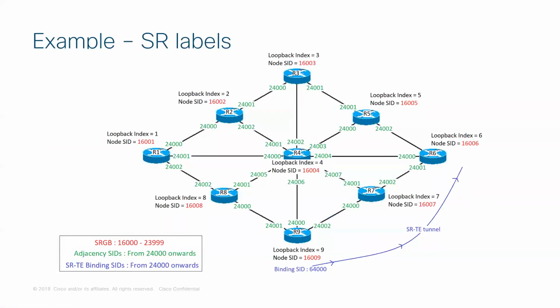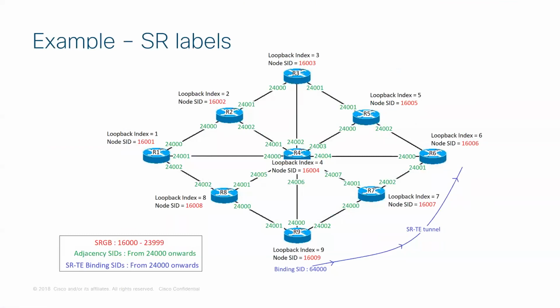Okay. Yes, that's right. Say for example, here the goal is to reach R6, and I don't care what link it takes, from R1 to R6, or anywhere to R6. In that case, if my packet comes into R1, it just needs to have a label of 16,006, which is R6's node SID.